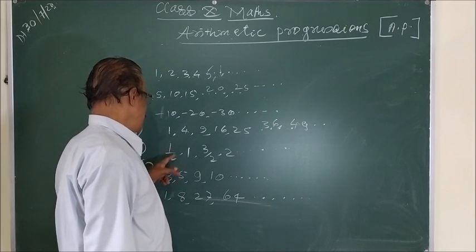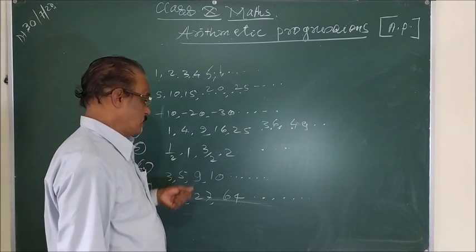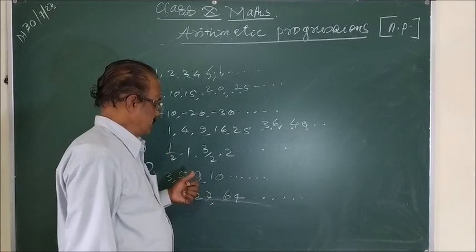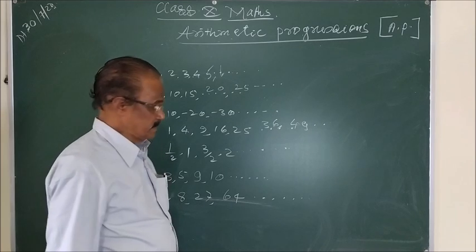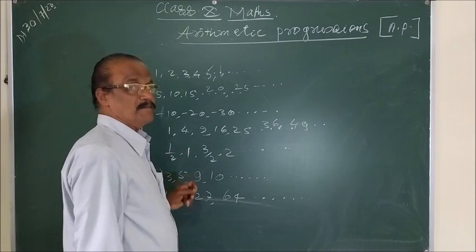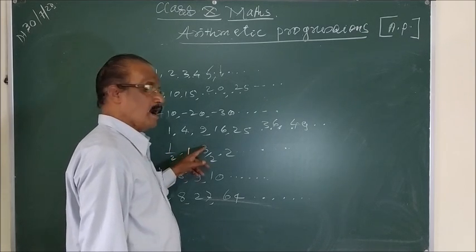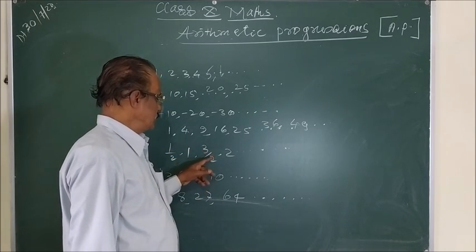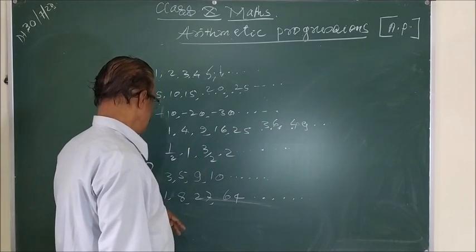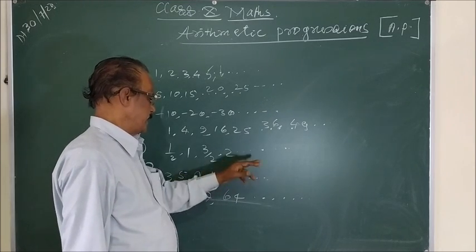Now you see 1 by 2, 1, 3 by 2. If I ask you whether this list of the numbers possesses any sequence, yes. Each number is obtained by adding half. Half plus half, 1. 1 plus half, 3 by 2. 3 by 2 plus half, 2. So this also holds a pattern. And now you see 3, 5, 9, 10, dash.